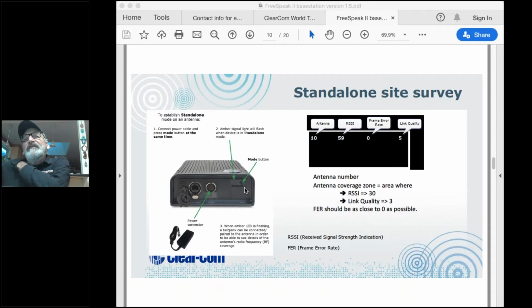For a 1.9 transceiver, that power LED will be green, and for a 2.4 transceiver, the power LED will be blue. So as soon as you plug it in, you'll see either a green or a blue LED. Then after about 5 or 6 or 7 seconds, you'll start to see an amber, and it's amber in both the 2.4 and 1.9. You'll see that start to flash and then become solid. That solid shows that it's connected to the base station and ready to go.